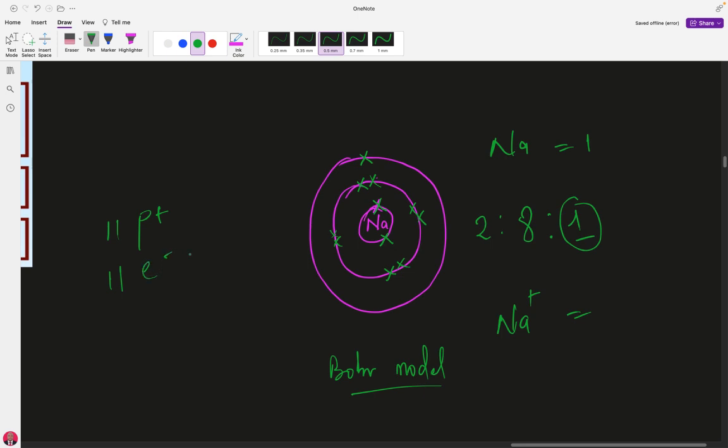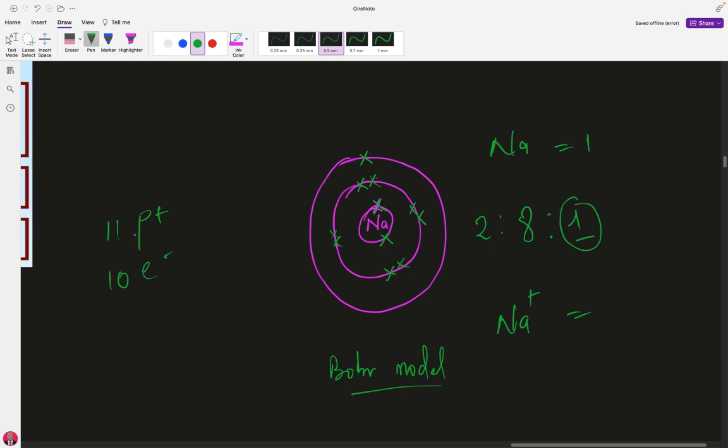So when 1 electron is taken from there, we will now have 10 electrons. So our total number will be 10 electrons left.